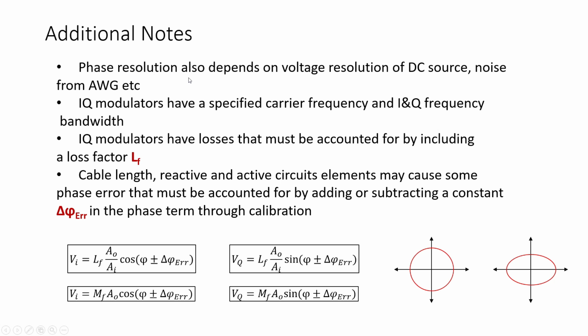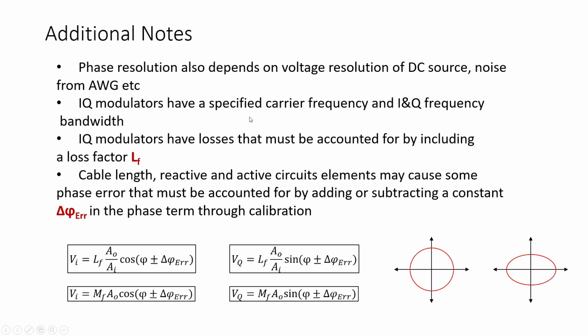The phase resolution also depends on the voltage resolution of the DC source, noise from the arbitrary waveform generator, etc. If one has high voltage resolution, then this will result in high phase resolution of our phase shifter. IQ modulators have a specified carrier frequency and I and Q frequency bandwidth.